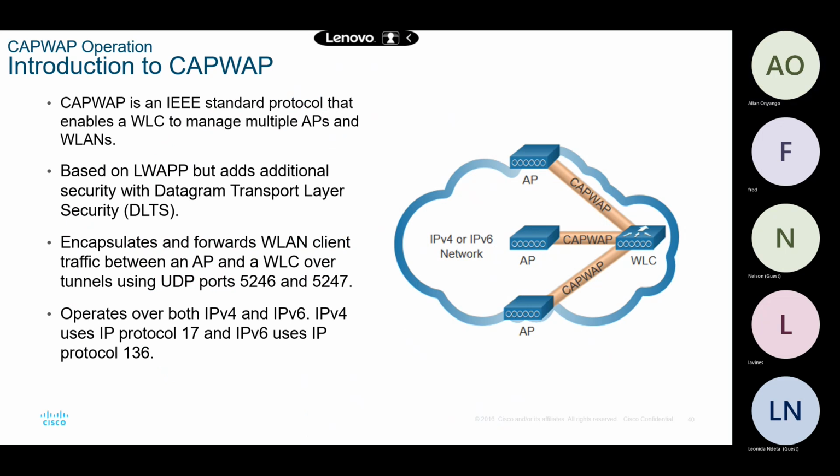Now, to provide some level of security within CAPWAP, the datagram transport layer security, DTLS, is always used to provide some kind of encryption within the CAPWAP channel. And it is important to note that these channels can be used over both IP version 4 and version 6.